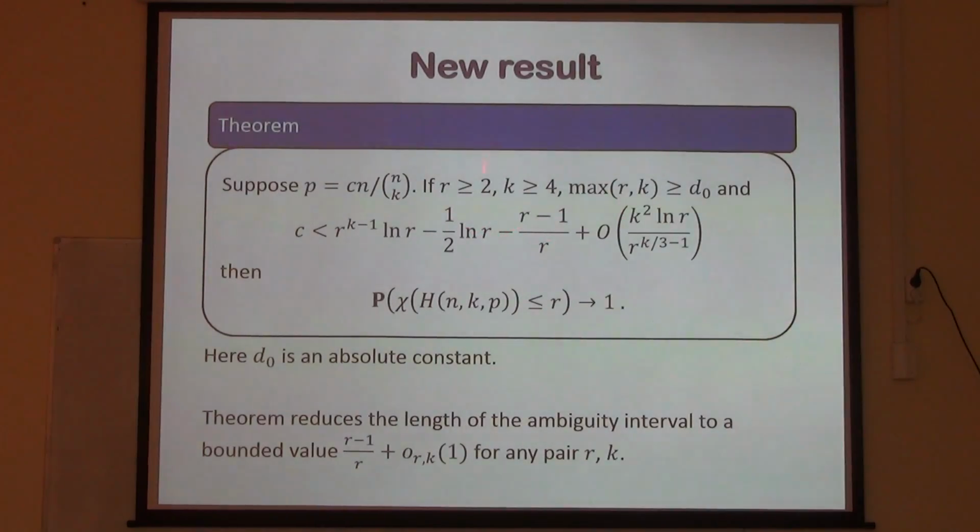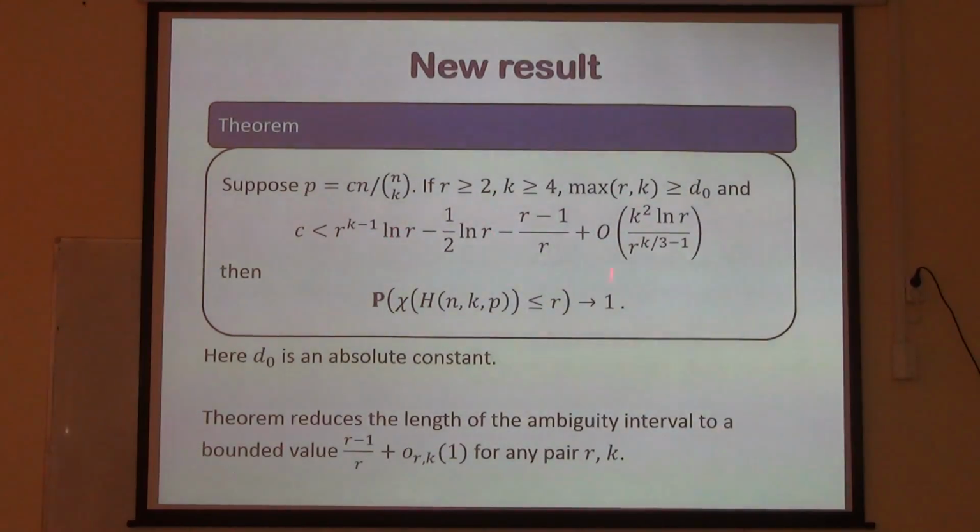If R is at least 2, K is at least 4, and one of them is large, and the constant C is less than this expression, we have again these two summands as in the upper bound, minus a bounded third summand, and the error term, which tends to 0, is a function of K over a function of R, doesn't matter. Then our hypergraph is colorable.